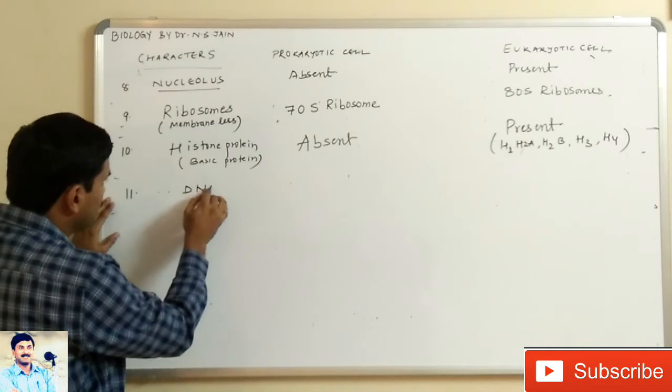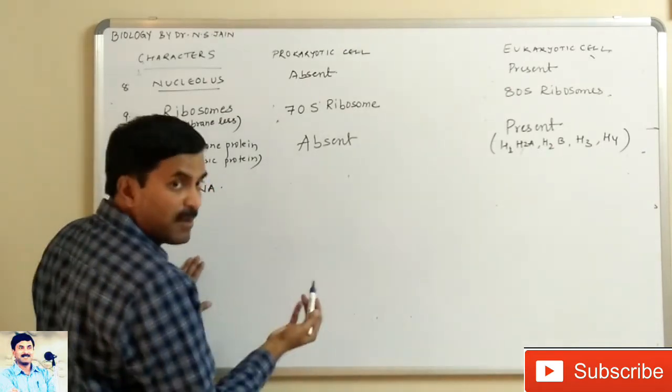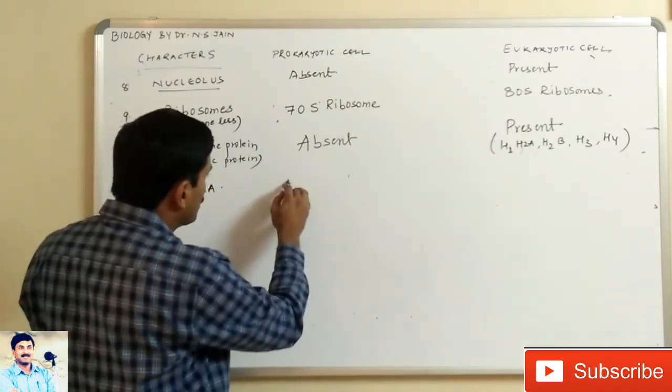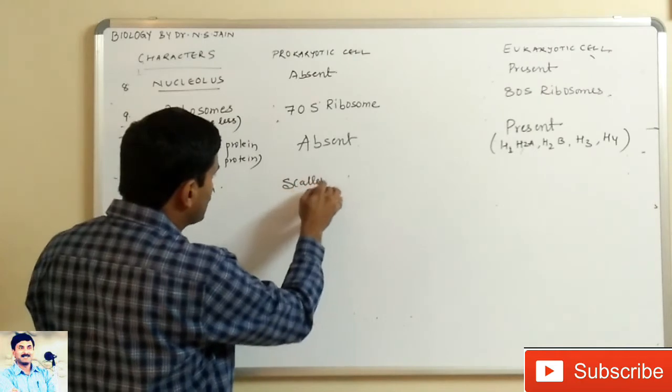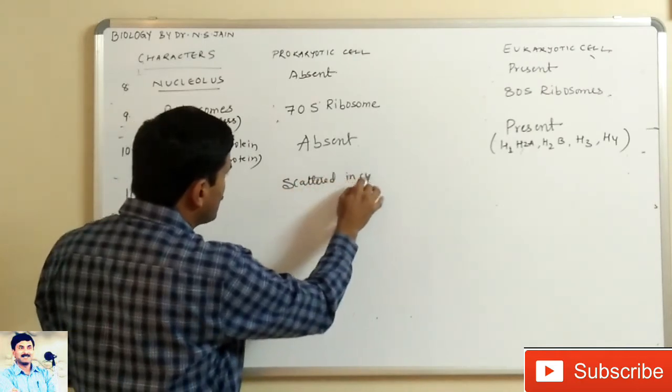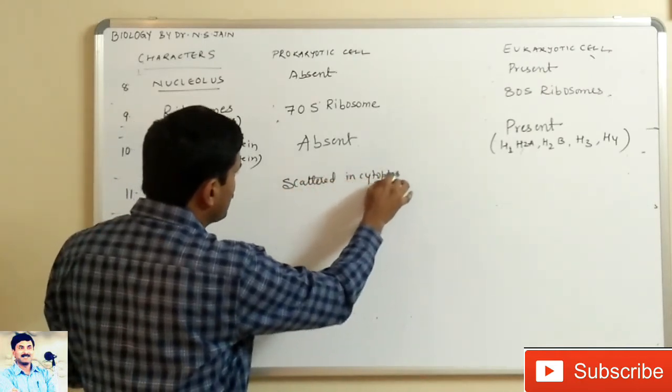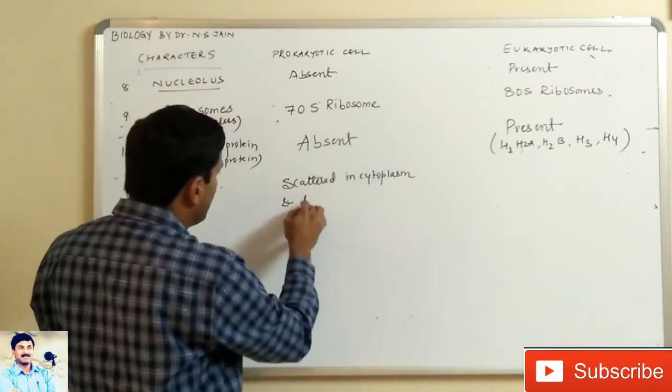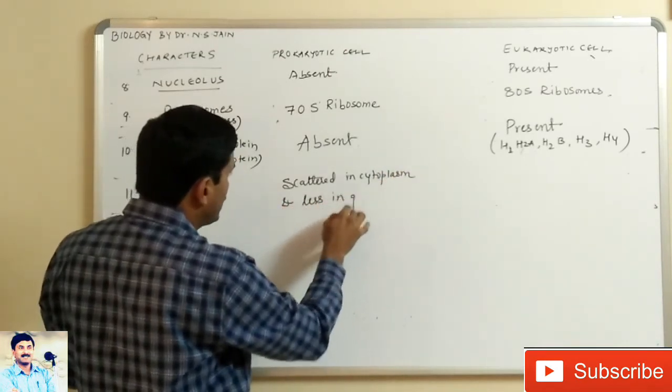Now the DNA: as the nuclear membrane is absent, it is scattered in the cytoplasm and is less in quantity.